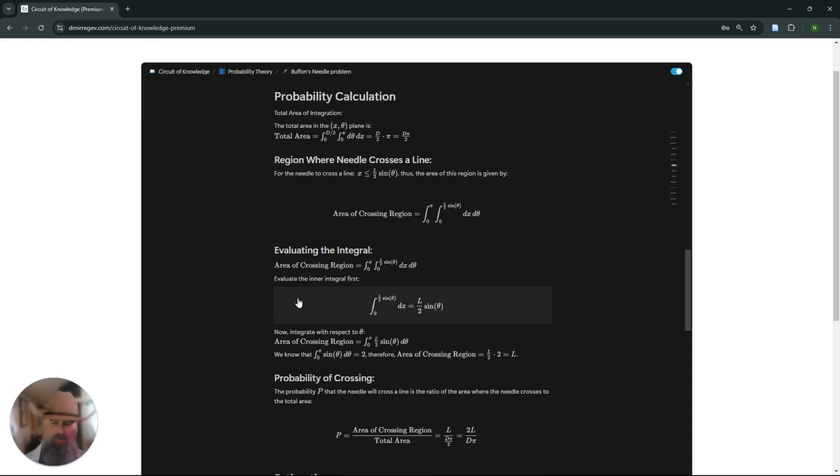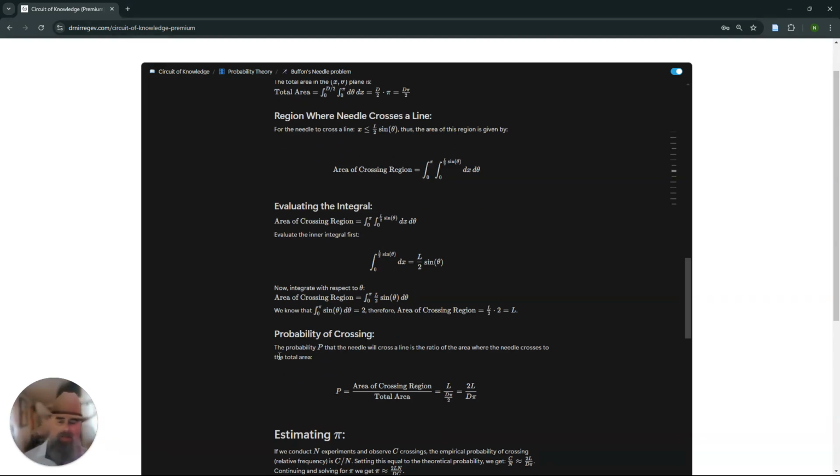The ratio between these two, the area of crossing divided by the total area, is the probability of the needle crossing a line. The first integral we derived to be D pi over 2. The second integral, after we derive it, is L, and so this is the ratio.